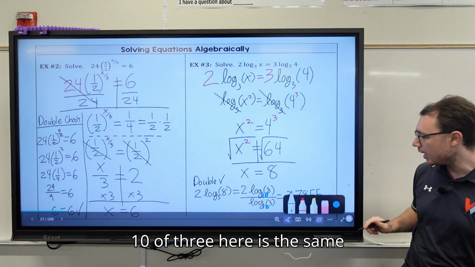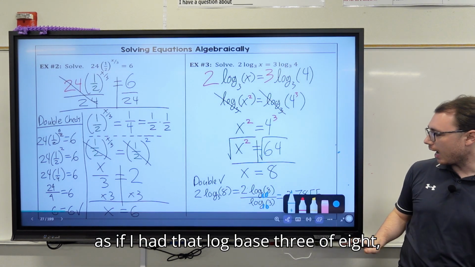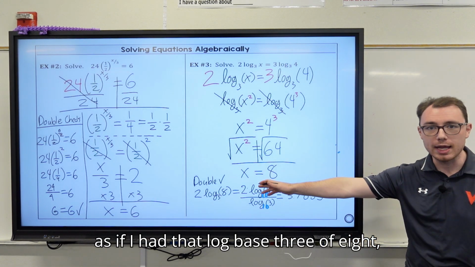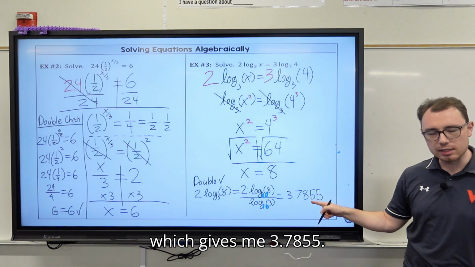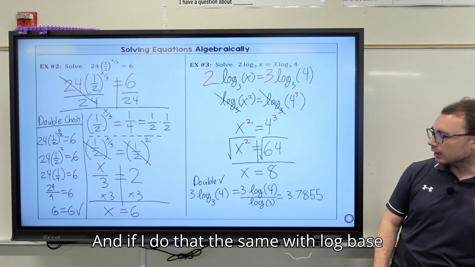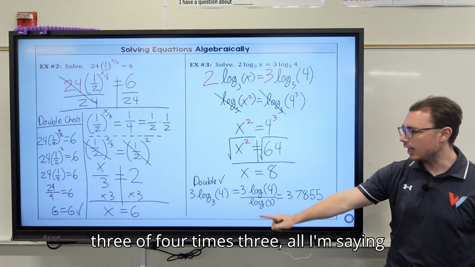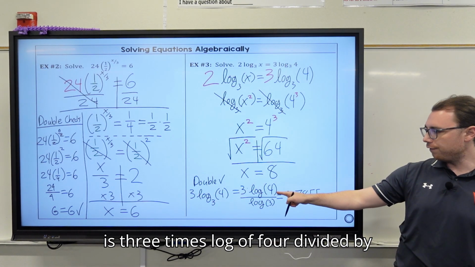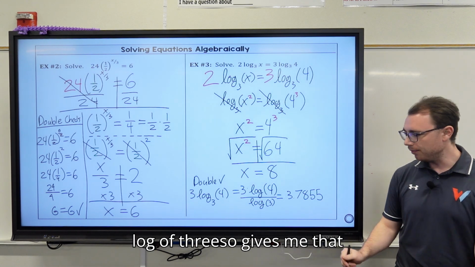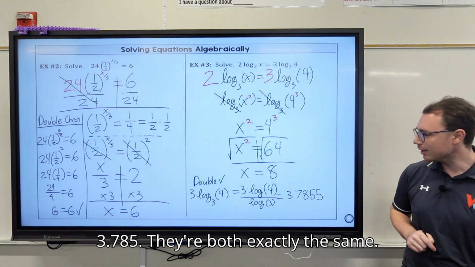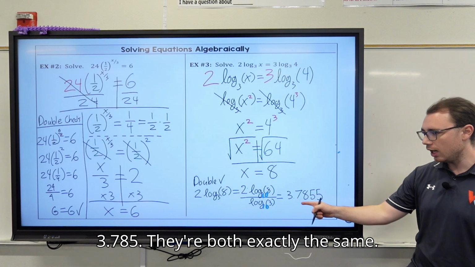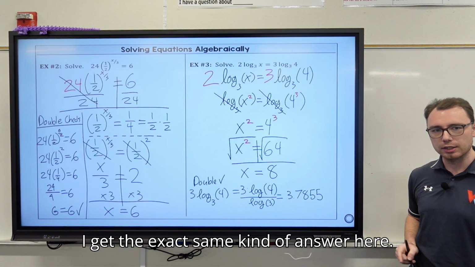That is the same as log base 3 of 8, which gives me 3.7855. And if I do the same with log base 3 of 4 times 3, all I'm saying is 3 times log of 4 divided by log of 3 still gives me that 3.785. They're both exactly the same.